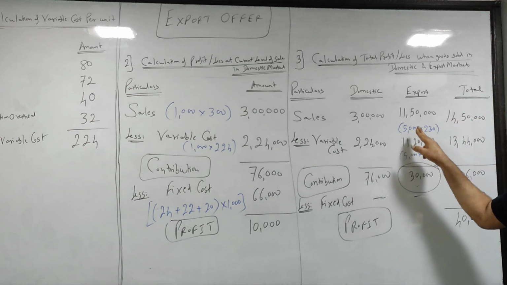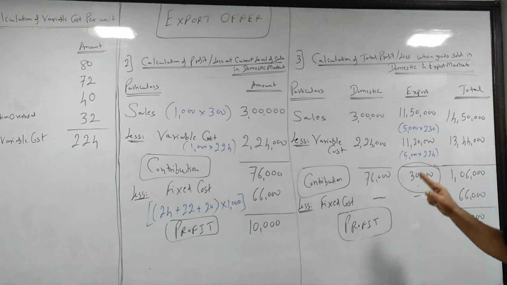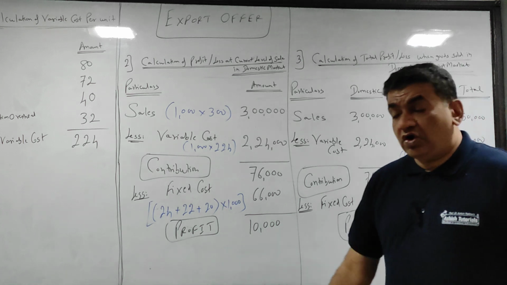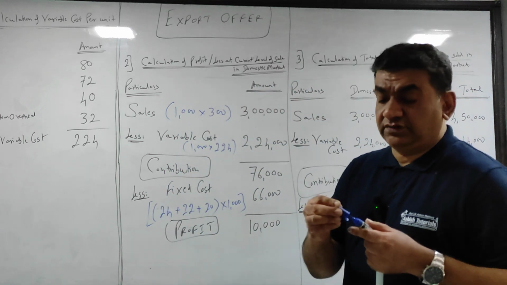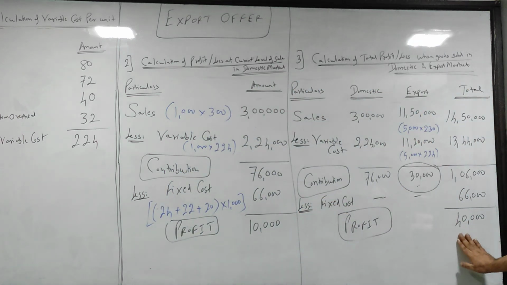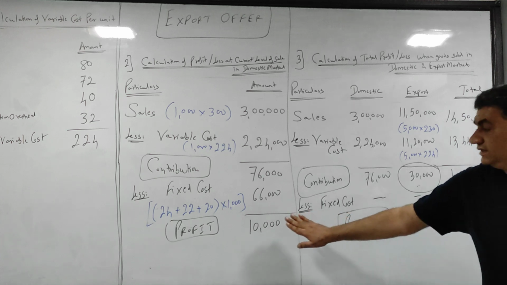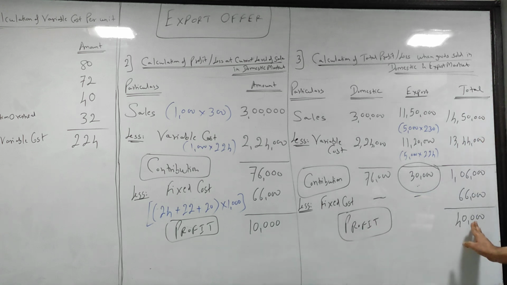Number of units 5,000. So 5,000 into 6, 30,000 का contribution. So my contribution is up by 30,000 and because of that my profit also will be up by 30,000. तो खाली डोमेस्टिक में 10 का प्रॉफिट, एक्सपोर्ट में 40.